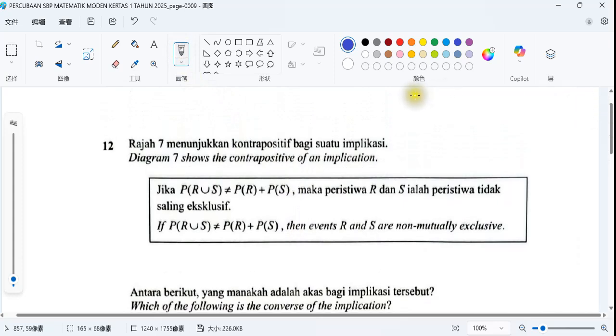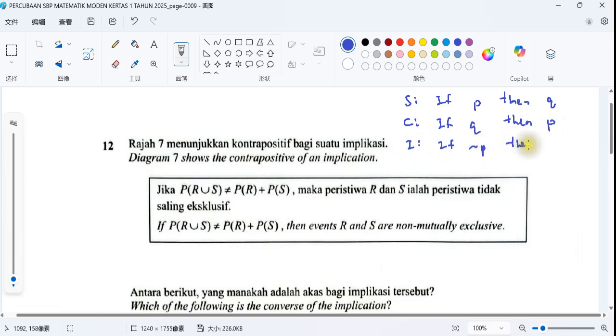So we have the statement: if P then Q. The converse is if Q then P. The inverse is if not P then not Q. The contrapositive is if not Q then not P. So this is the contrapositive, this is the not Q and not P. So what we want now is the converse.